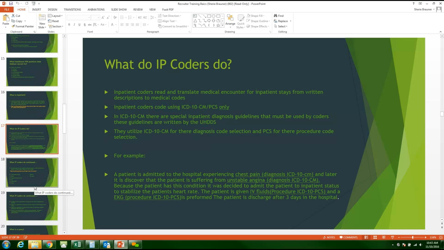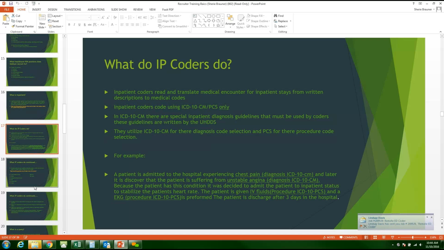Slide number 17. What do inpatient coders do? Inpatient coders read and translate medical encounters for inpatient stays from written description to medical codes. Inpatient coders code using ICD-10 CM and PCS only. You will not find a CPT requirement for inpatient coders.